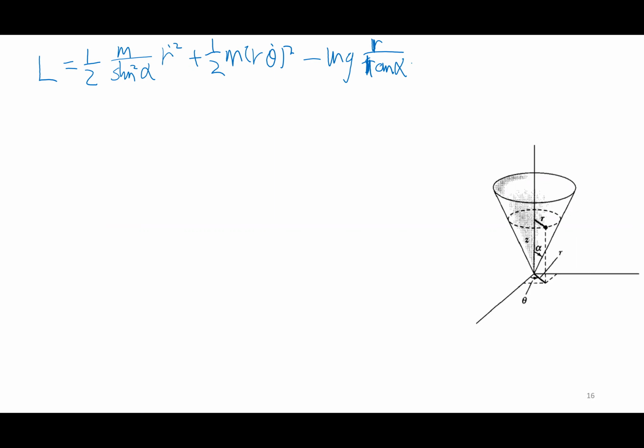And if you go ahead and use the Lagrange equation, we will have two Lagrange equations, one for r, one for theta. So the partial L partial r minus d/dt of partial L partial r dot equals 0, and that would give me this equation of motion.